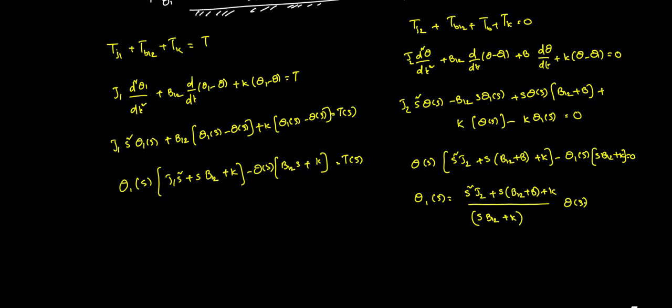Now we have to substitute this theta 1 into the earlier equation so that you will get everything very easily, in terms of theta of s. I'm just doing that now.